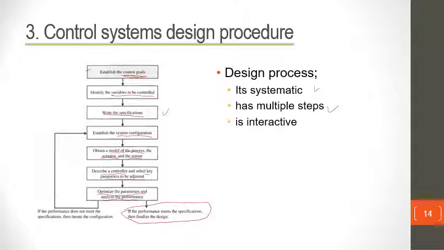However, if the design does not meet the specification, then it goes back to be re-evaluated, maybe to change the configuration and look at alternative process models, actuators and sensors, so that the desired performance of the system can be obtained. So the process can therefore be iterative.